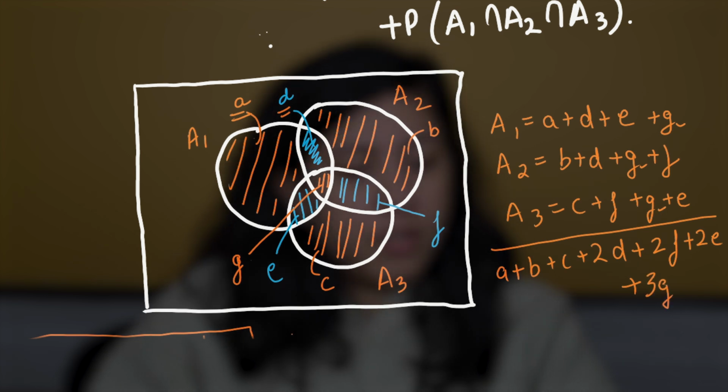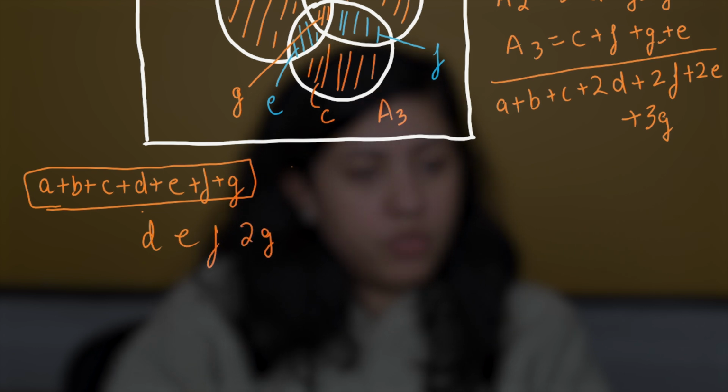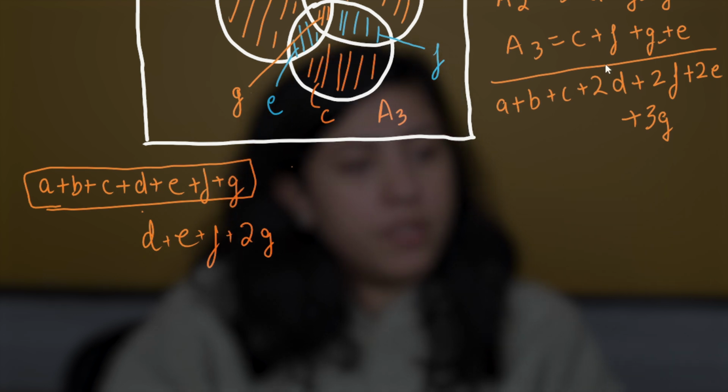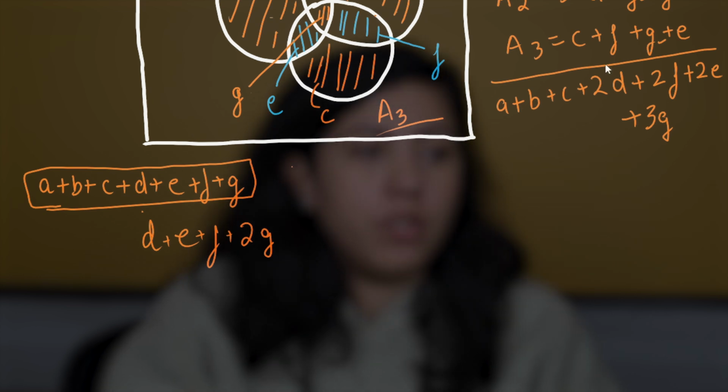And we want a plus b plus c plus d plus e plus f plus g. So we don't want this extra d, extra e and extra f and twice of extra g. We want to get rid of all of these. Now if we observe, they are actually the intersections of A1 and A2, A2 and A3, A3 and A1.